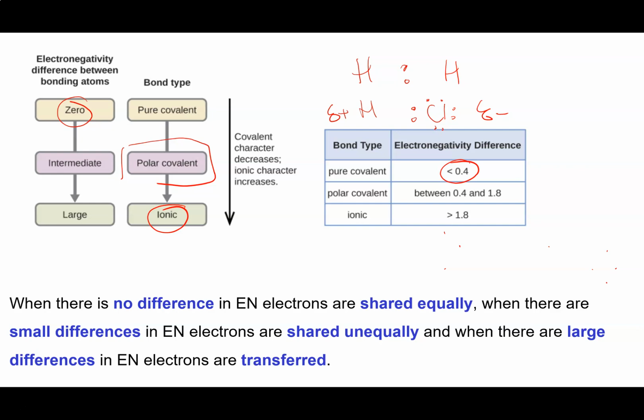Once we get above a difference in electronegativity of 0.4, then the polarity of that bond starts to have real world consequences, and we'll see some effect in the properties of our compound. If we get above a difference in electronegativity of 1.8, then we no longer have sharing of electrons. We have complete transfer of electrons to the more electronegative element.